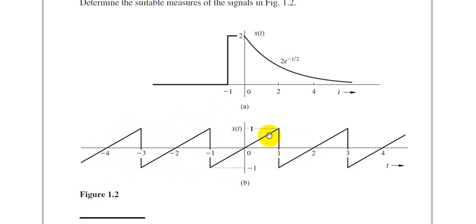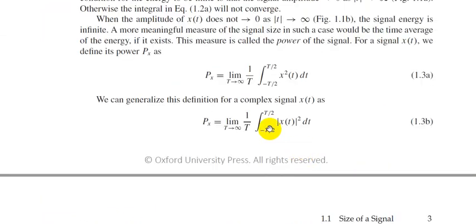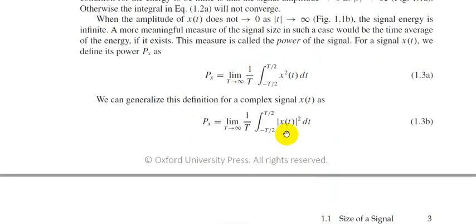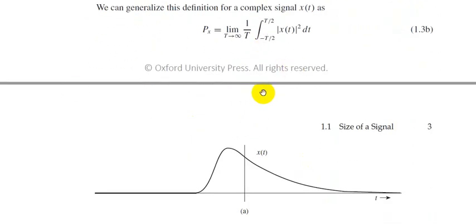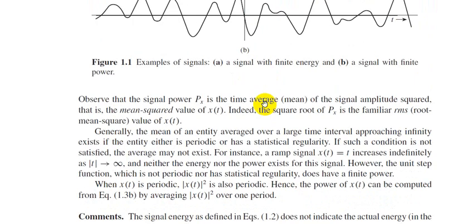From the power equation, we know that to calculate the power, we integrate the signal over a period where T turns to infinity. That means we take the average of the energy, which was discussed in our last lecture. So how can we determine the power?